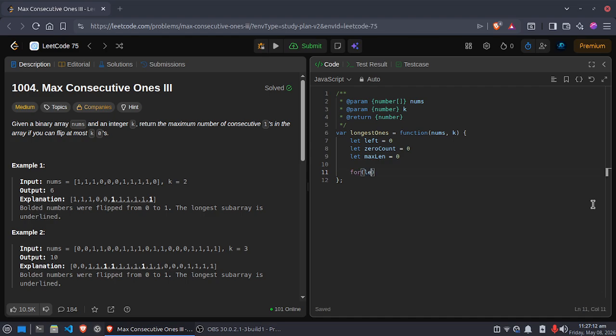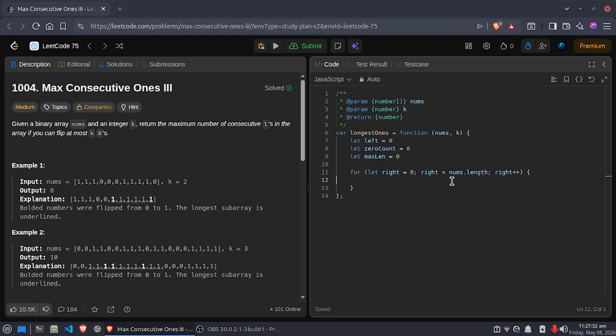Start a for loop: let right is equal to 0, right is smaller than nums.length, right plus plus. So this right represents the last index of the subarray.